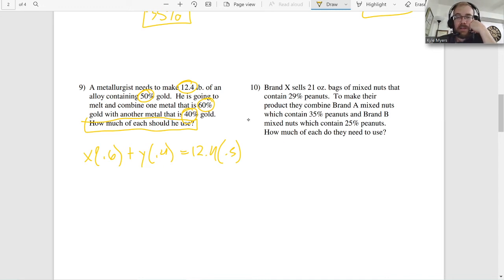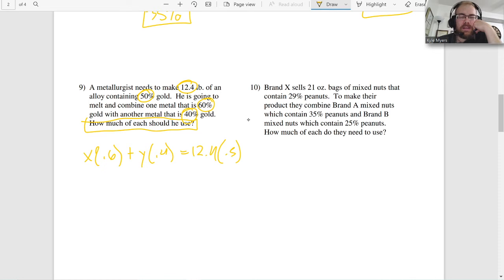Well, this could be really complicated, but this particular problem is not actually that crazy, because if you think about it, 50% gold, and he has a metal that's 60% gold and another metal that's 40% gold. As long as he doesn't care what the other stuff is that's not gold, just equal parts, right?